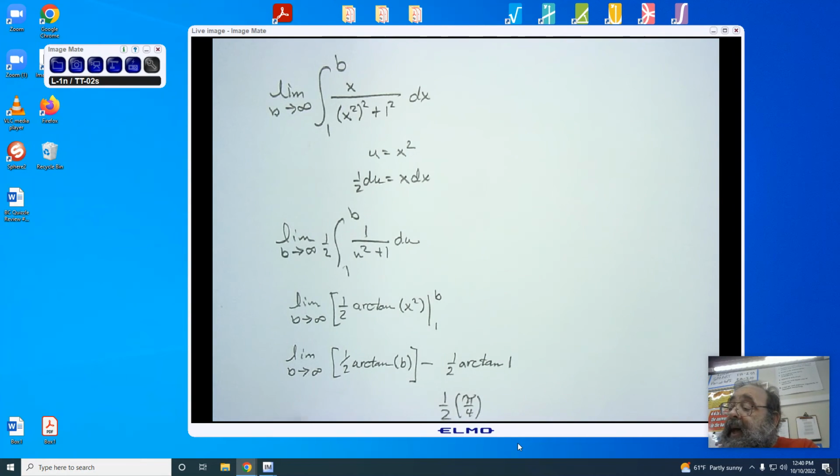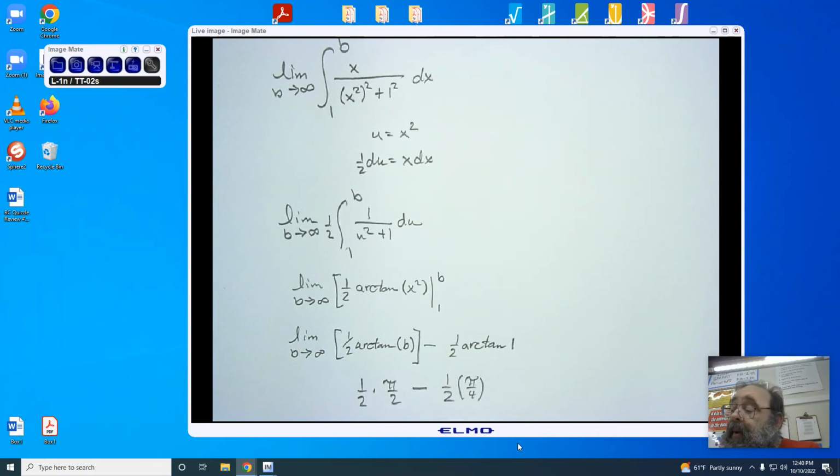I also know that as b approaches infinity, the arctan is approaching pi over 2. So I'm now going to simplify this. I can call it 1/2 of pi over 2 minus pi over 4. That leaves me with pi over 4 simplified to pi over 8.